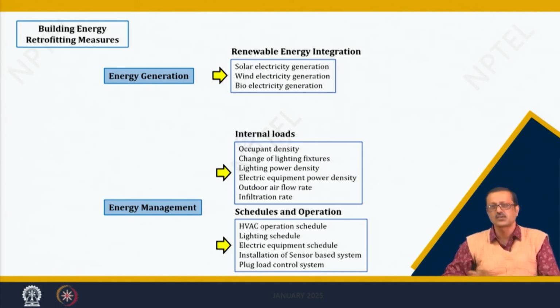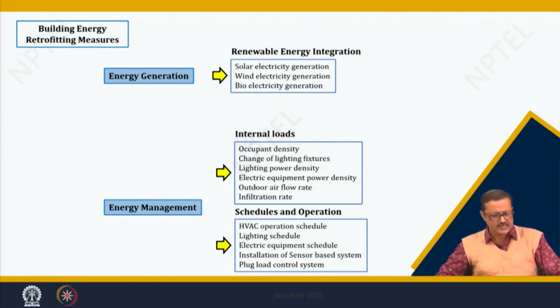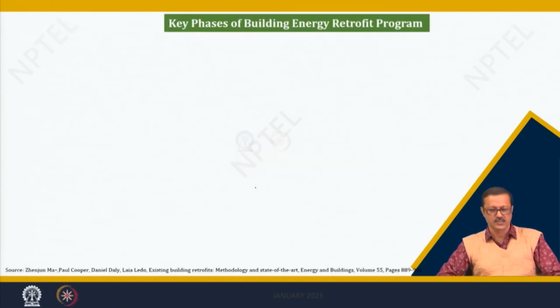The plug load control system is also like a sensor based system, because through the plugs, the electricity is channelized to every nook and corner of the building as per the requirement. So it can sense, and requirement-wise it can fluctuate, and then it can control the plug load. Those sensor based systems and the internal load schedules and operations come under the energy management systems.